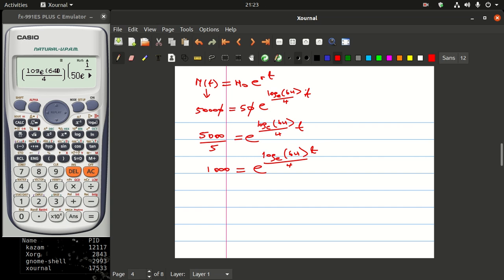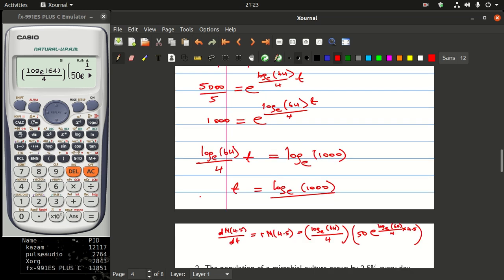Then I'm solving for t. I have to bring this one down. I will have log e 64 divided by 4 times t. This is going to be equal to log to the base e of 1000. Now that I have that, can I solve for t? So our t is just going to be log e 1000, and then you divide this whole thing by this chunk here as it is.